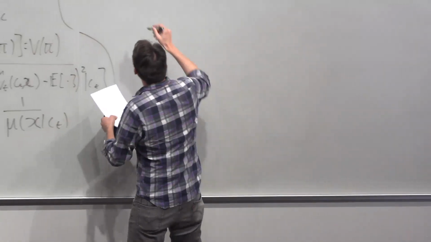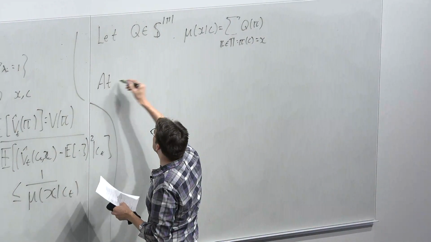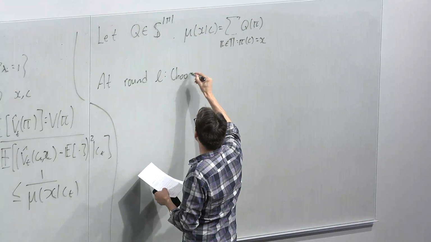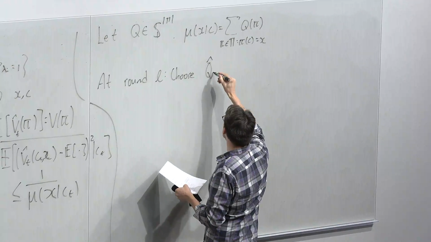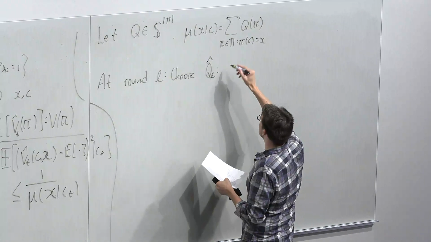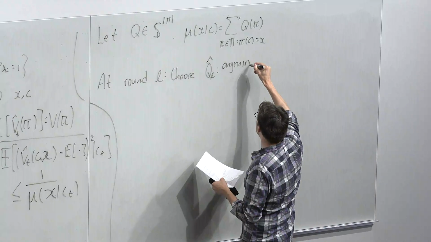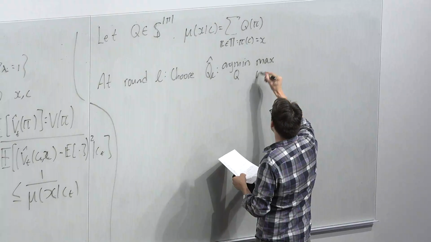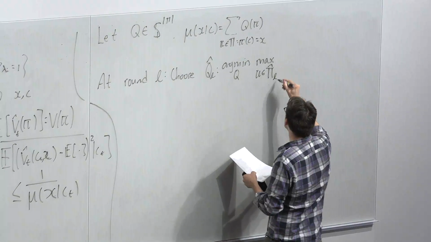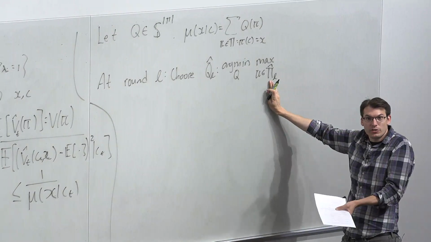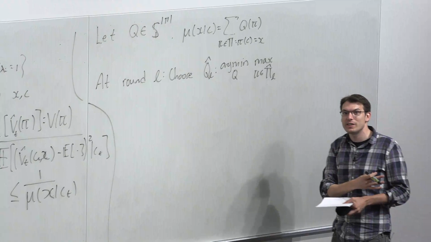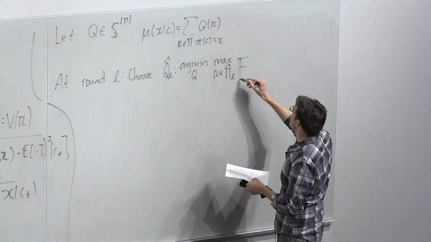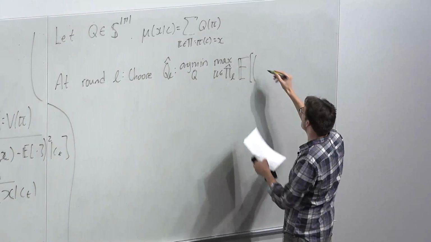And how we're going to do that is, at round L, choose a distribution Q hat L that minimizes, argmin over Q, of the max over pi in pi hat L. So we're going to have an initial set of policies and start removing them, just as we did in all the algorithms that you've seen in these lectures. And then minimizing an upper bound on the variance.